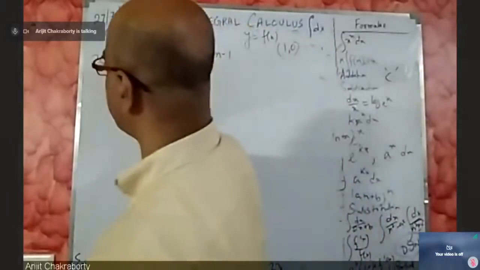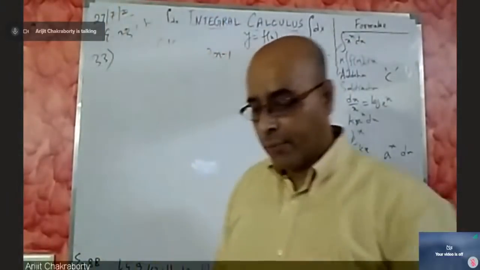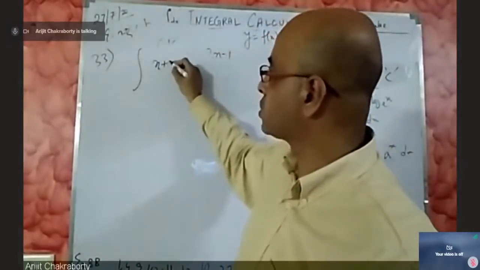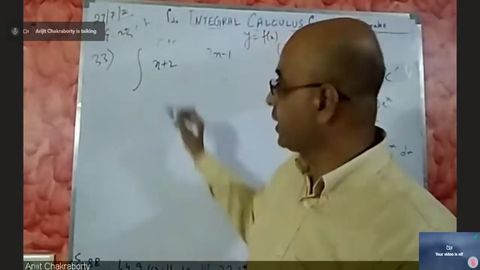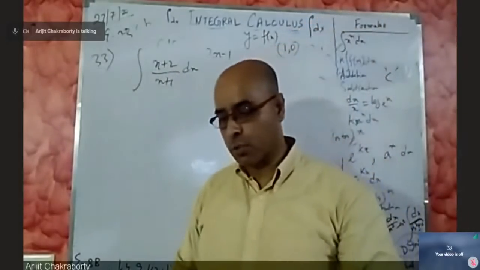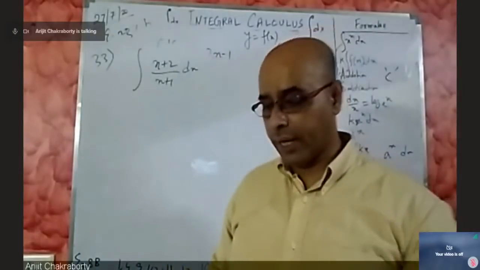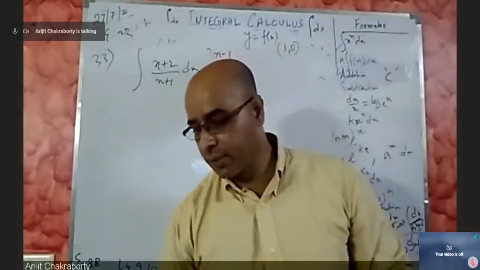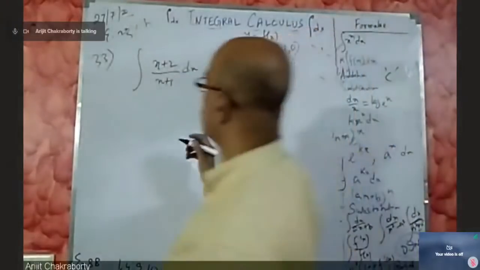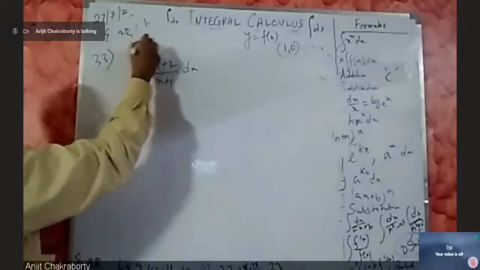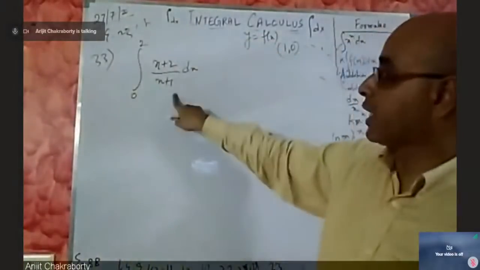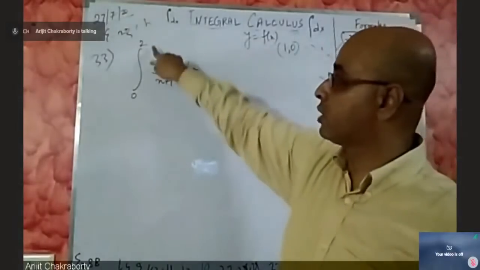We have to integrate x plus 2 divided by x plus 1 dx, and the limits are given between 0 and 2. So it is a definite integral. Please see this question.